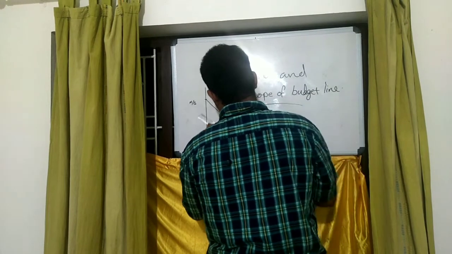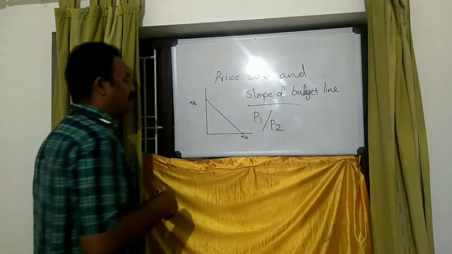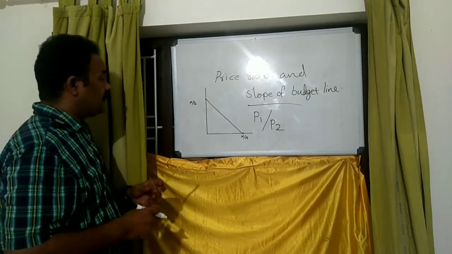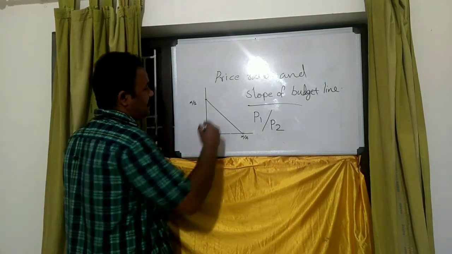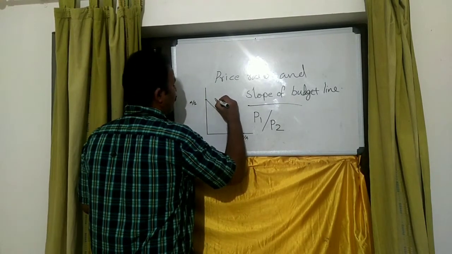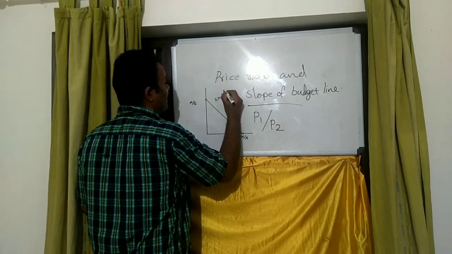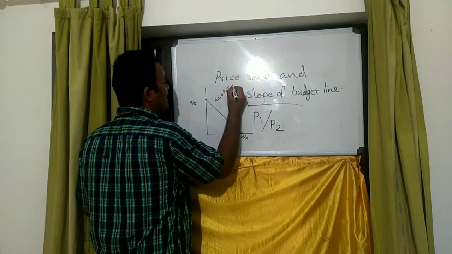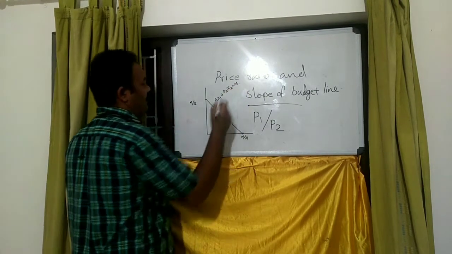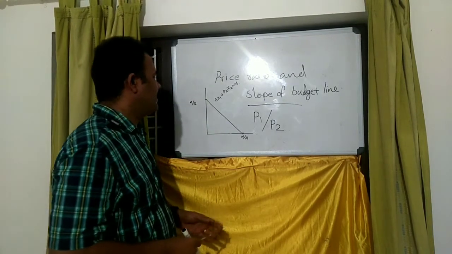That line is known as the budget line. Okay. Then this line represents the equation P1 x1 plus P2 x2 is equal to M.